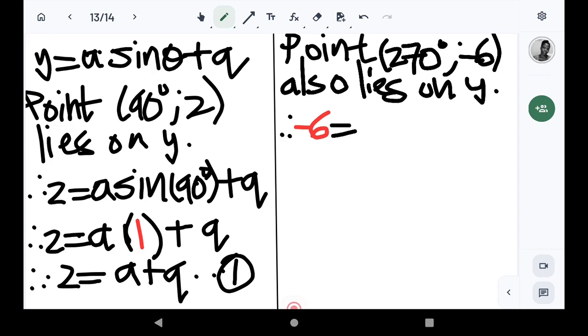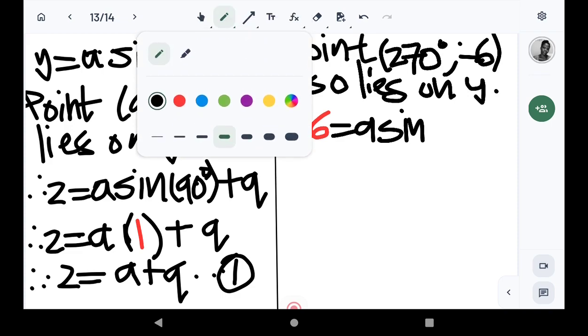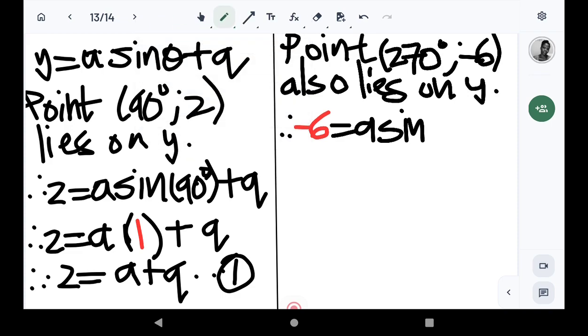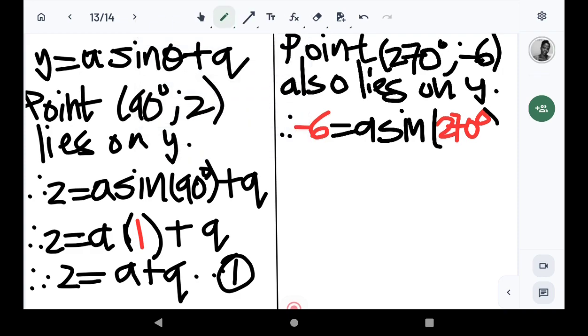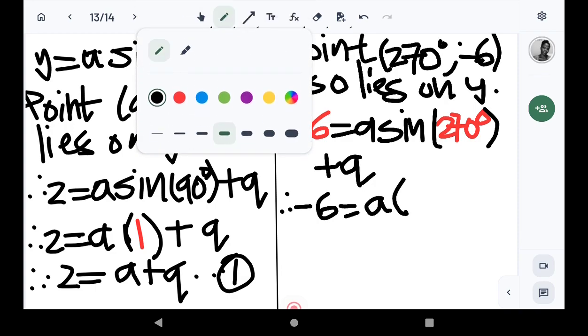A sine of, now the angle here is 270 degrees, plus Q. Therefore, negative 6 equals A times sine of 270 degrees.